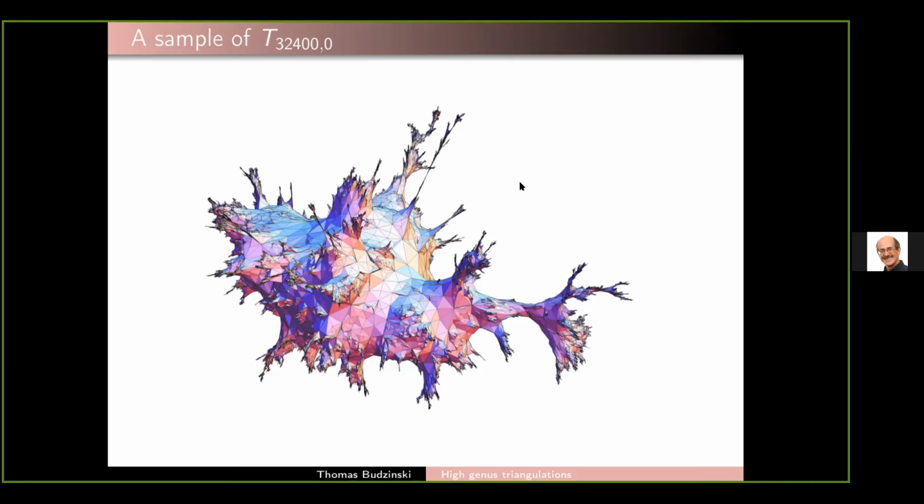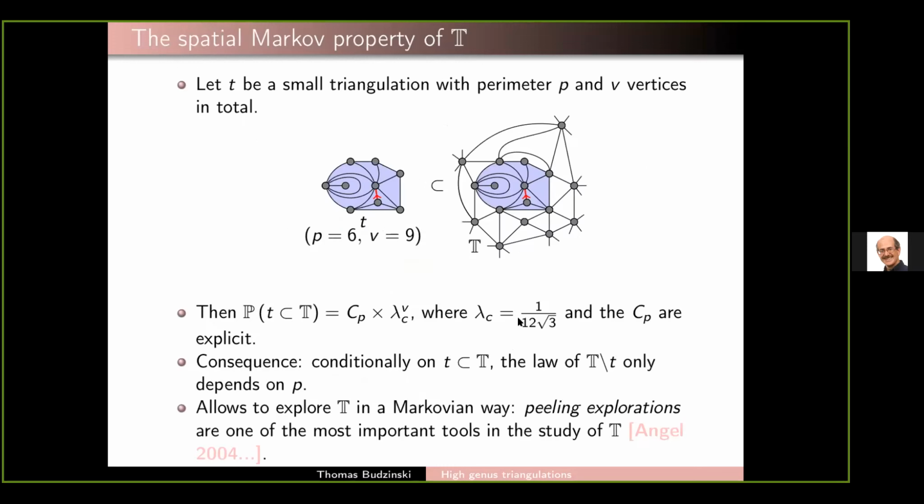Actually, it can be proved that this cannot happen in a too strong way. For example, it's not possible to have a perimeter of constant size separating two macroscopic regions, but still it's possible to have a region of size, I don't remember the exact exponent, maybe square root of n, separated from the rest just by a very small bottleneck. Okay, thanks.